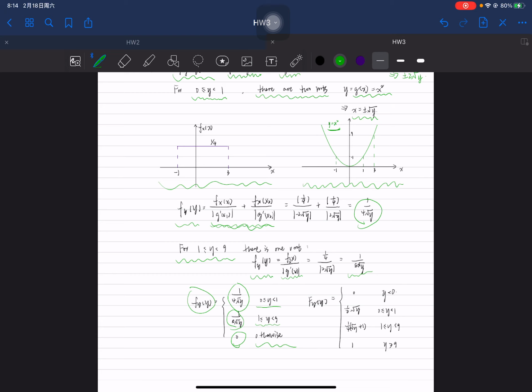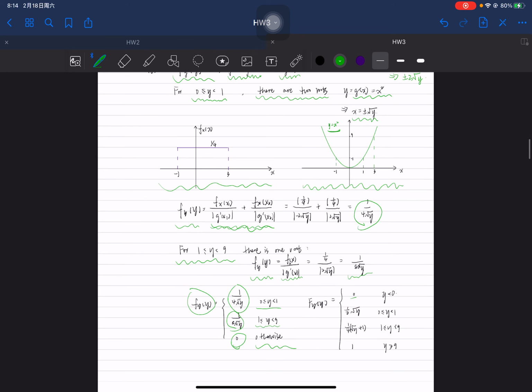And according to this, we could get the cumulative distribution function of y. When y is smaller than 0, it should equal 0. When y is in the range of 0 to 1, it should equal 1/2 times square root of y.